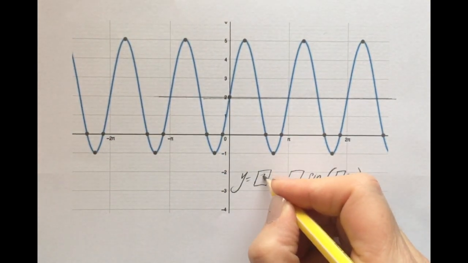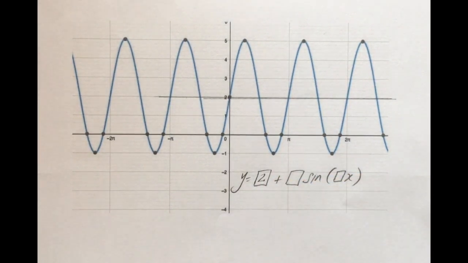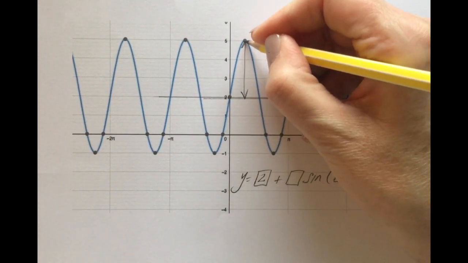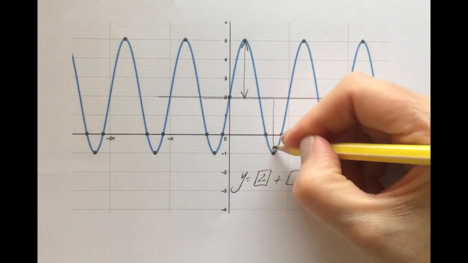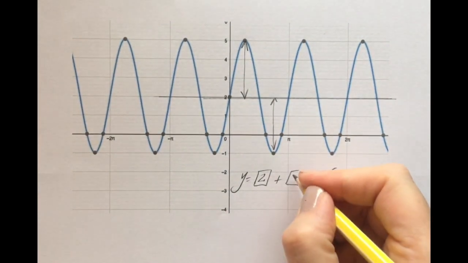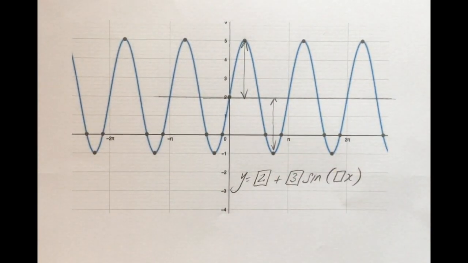So that's the first value we can fill in there because that is the midline equation, all right? Then we're looking at our amplitude, and our amplitude, remember, is always the distance from that middle line to the highest or lowest point. And of course, the distance there on each side is, of course, 3. So there's our amplitude. We're going to fill that in next.